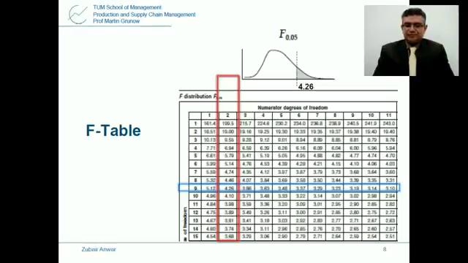We come up with an F critical value of 4.26, and I have shown it in a probability plot above this table, where the rejection region lies on the right. So it's a right-tail distribution for the rejection region.